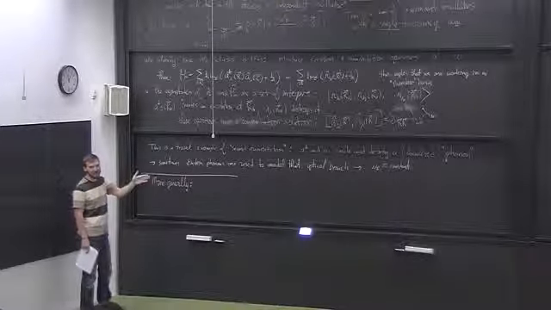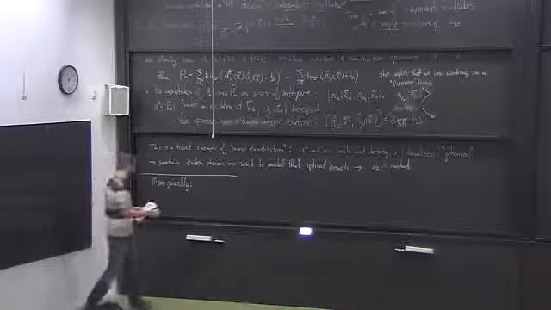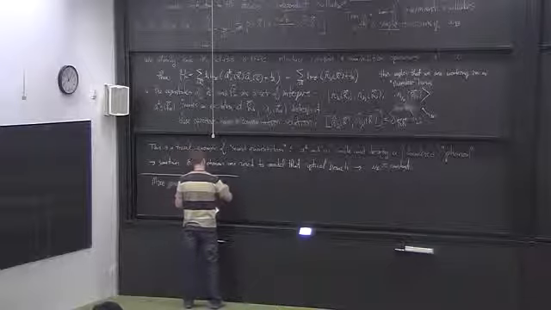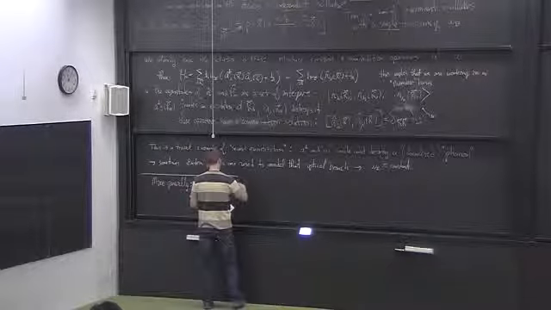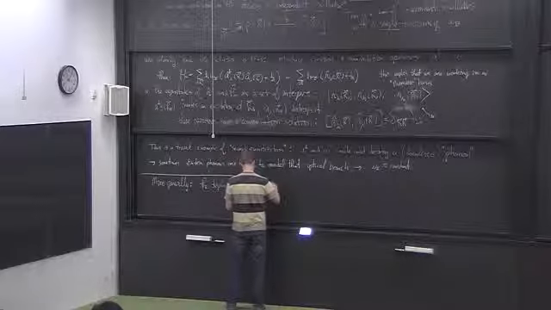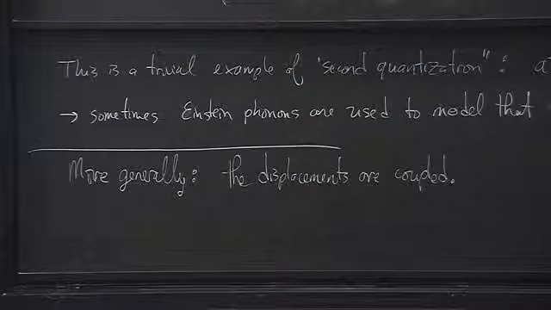We had U of S and U of S minus 1 or U of S plus 1, right? And so the Hamiltonian will have this difference equation.